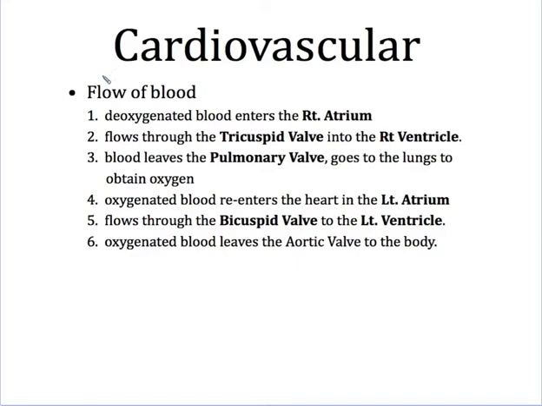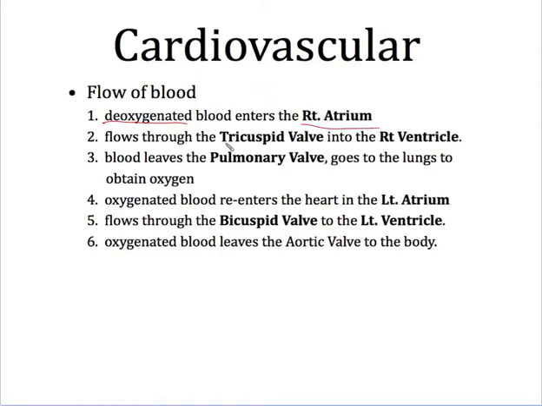Okay, if we're talking about blood flow through the heart, you will have to be able to draw, trace, and describe how blood flows through the heart and gets to your body. These are your six steps. First, deoxygenated blood, which doesn't have any oxygen, enters your right atrium.